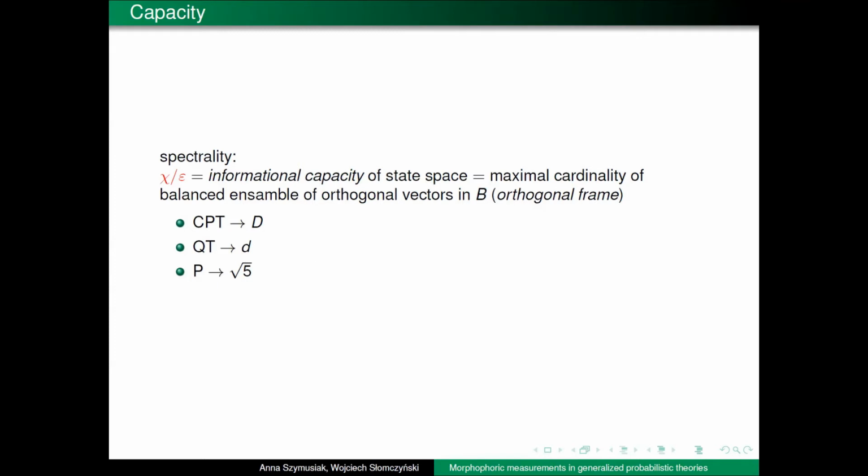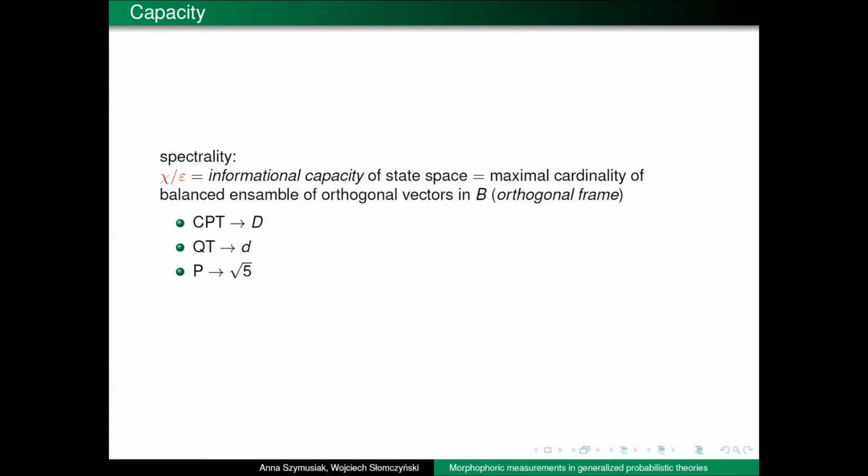I don't know the interpretation of this parameter in the general case, but under the assumption of spectrality, some of the spaces are spectral, some are not. For instance, the pentagon is not, but all these Jordan algebras are.